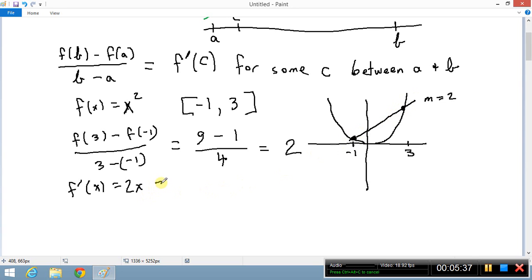So what we want is for that to be equal to 2. And so, of course, x equals 1. And if you look at this picture, at 1, the slope of the tangent line at 1 will be the same as the slope of that line. So that's an example of the use of the mean value theorem.